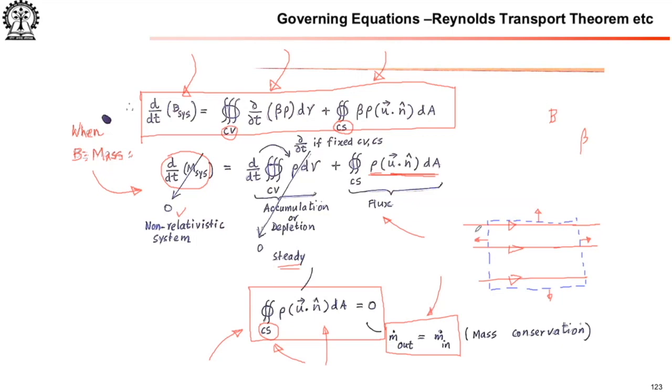So here again, if we are considering flow going in from left to right, then there is no velocity in these directions. So all you have to do is, suppose velocity on this side is u1, velocity on this side is u2. Say density here is rho1, density here is rho2.